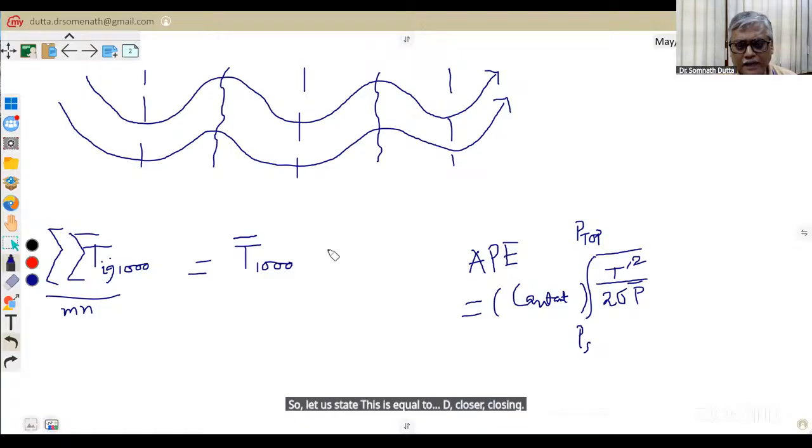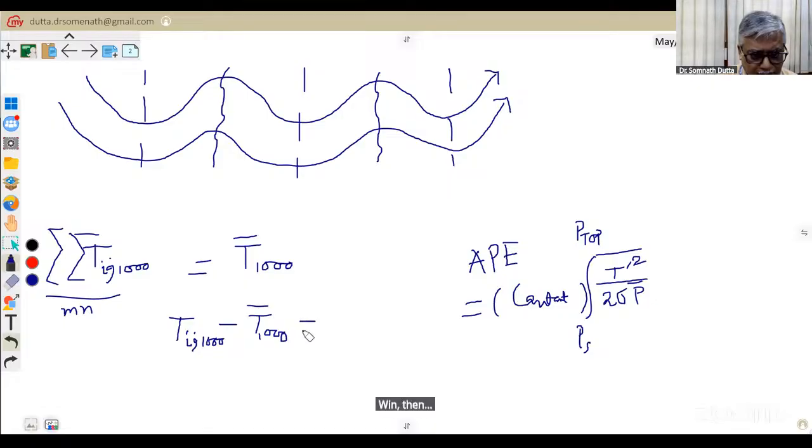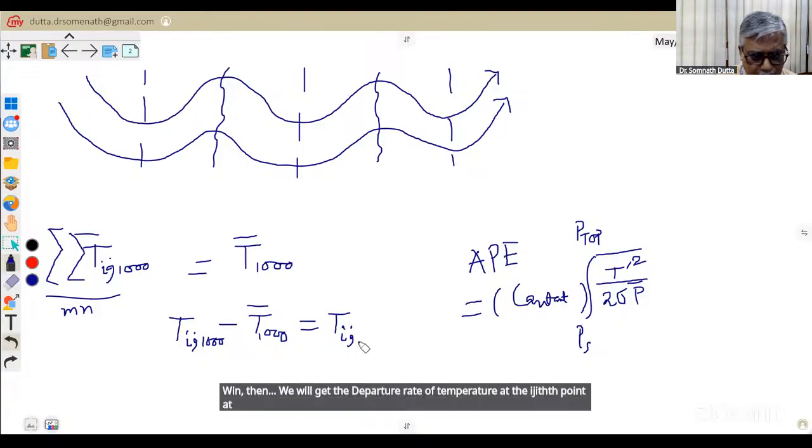This is the areally averaged temperature at the 1000 hPa level. And then from every such T_ij at 1000, I just subtract this mean. Then we will get the departure of temperature at the ijth point at the 1000 hPa level from its areally averaged value.